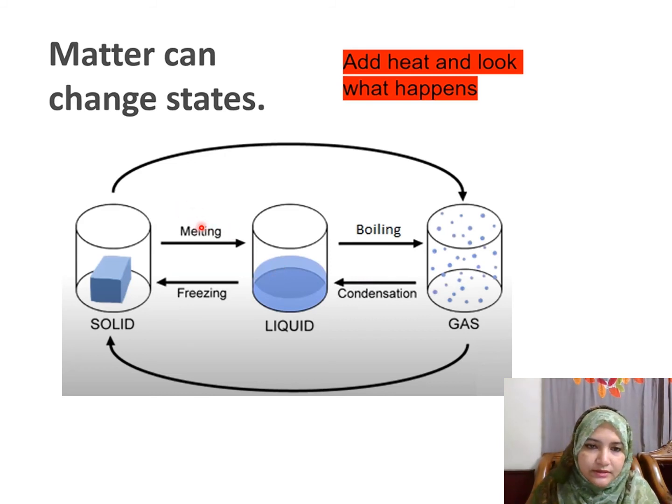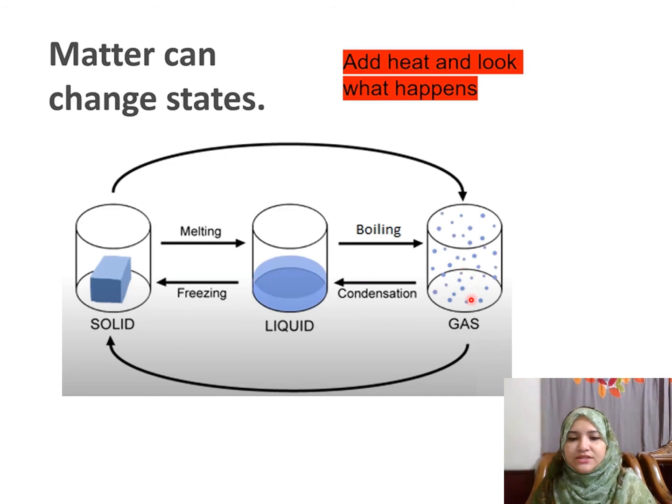Through melting, it changes to a liquid, and if we add heat to this liquid, it goes through the process of boiling and changes to a gas. Exactly the same happens in the opposite direction.